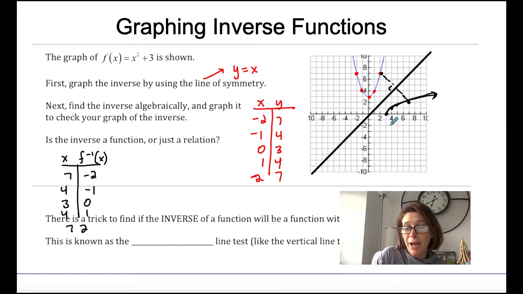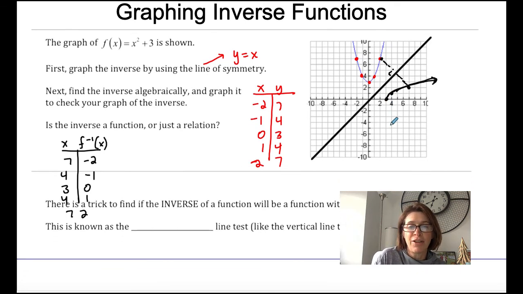All right, but there's a trick to tell if the inverse of a function will be a function without even finding the inverse. Like I could tell that this function's inverse was not going to be a function unless I restricted the domain. And we do that using not the vertical line test, but the horizontal line test.